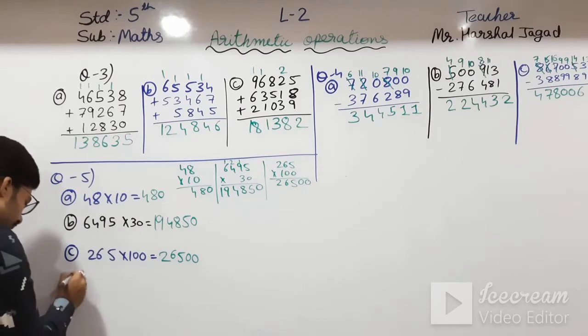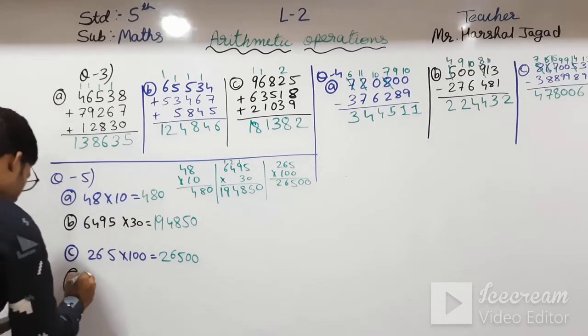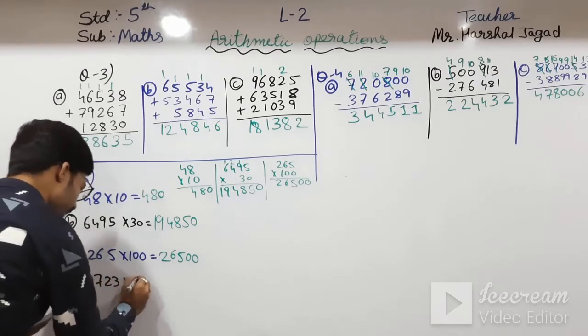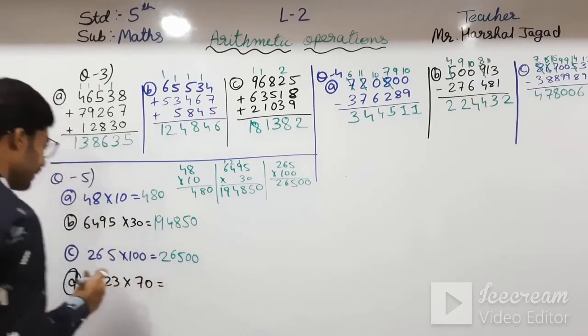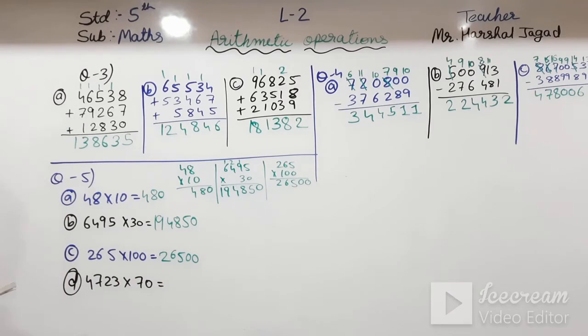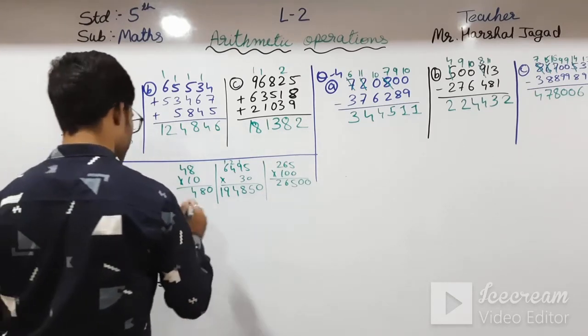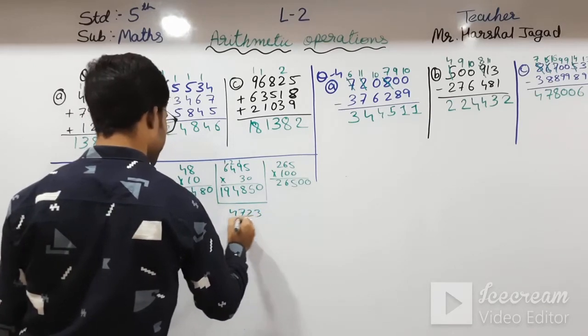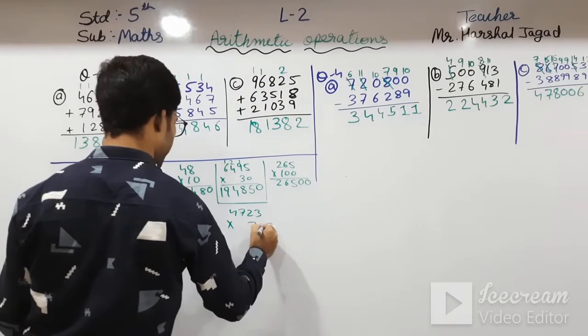That is 4723 into 70. So how will we calculate this, students? 4723 into 70.